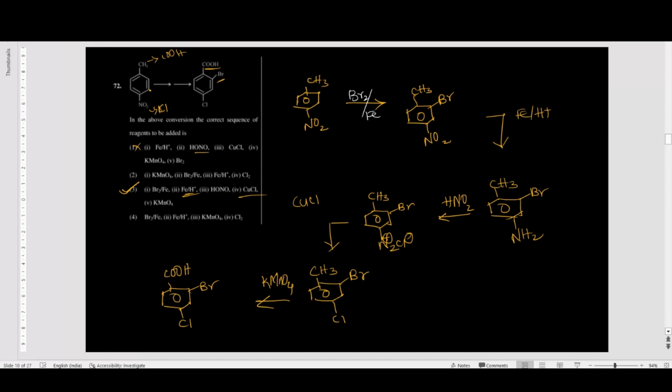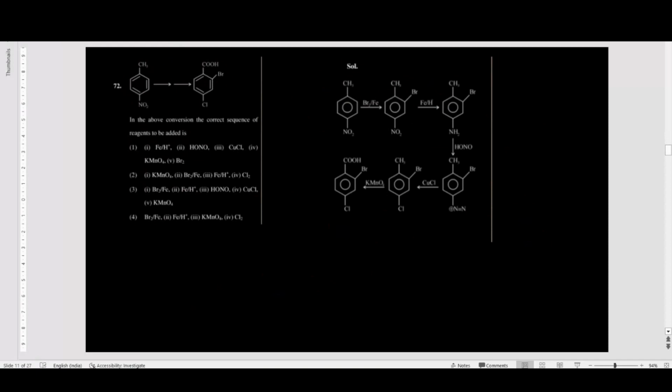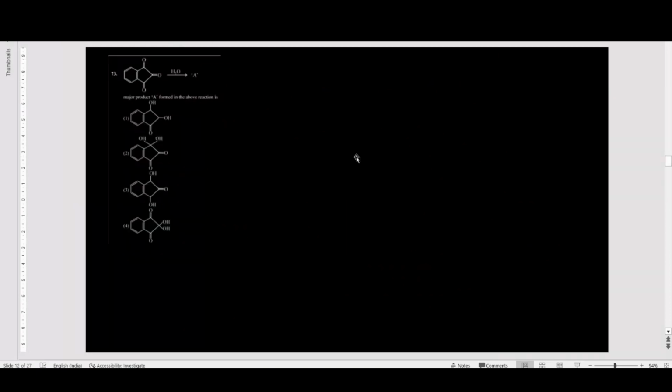First they have given this, so yes, it will substitute bromine over here, and then they have given this, but they didn't mention HNO2, so we can't replace this NO2 with Cl. So finally we have got this. Option 3 is the correct option. So now you can check the solution here.